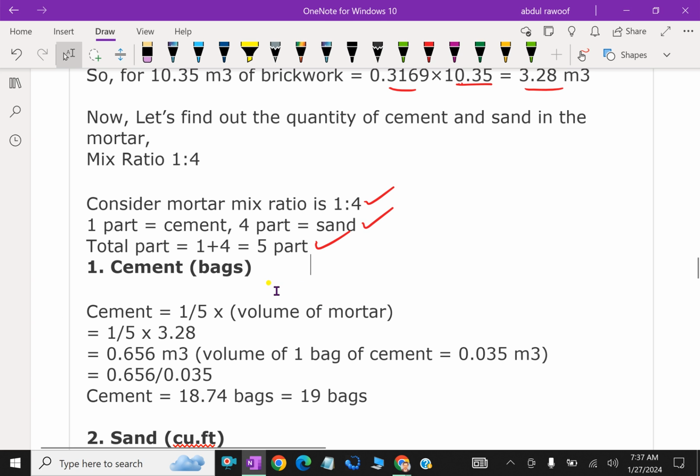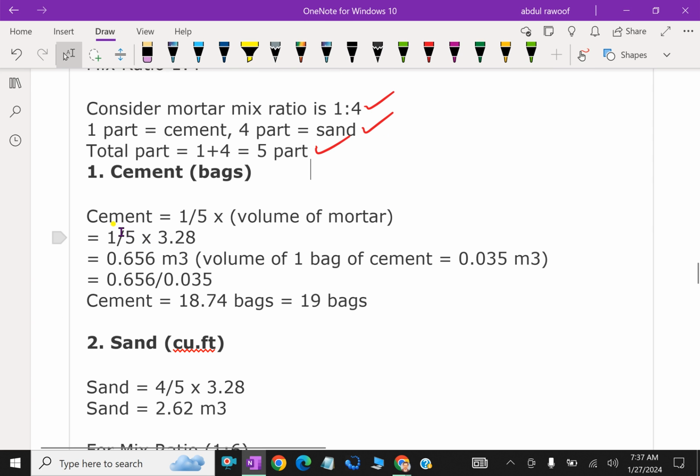The volume of cement required here: cement volume is 1 over 5 into volume of mortar. That is 1 over 5 into 3.28, which gives 0.653 meter cube.